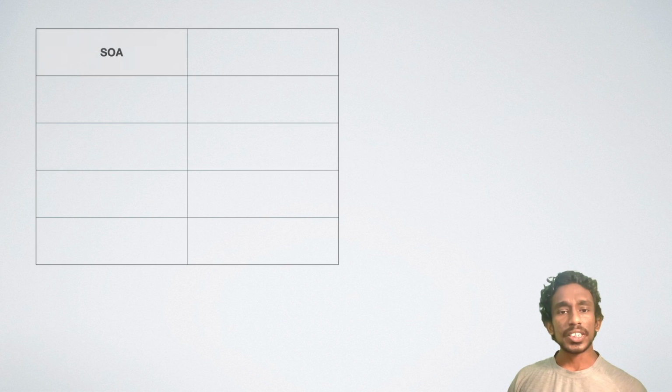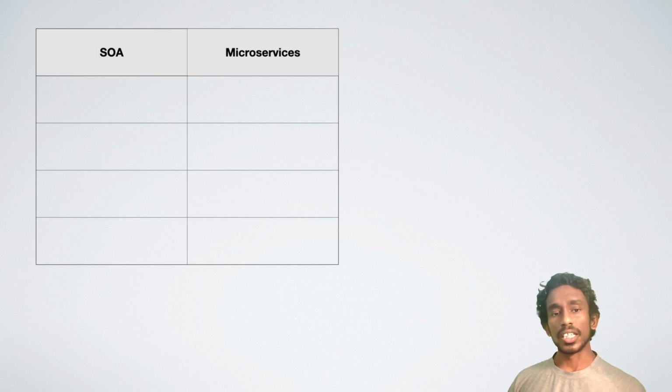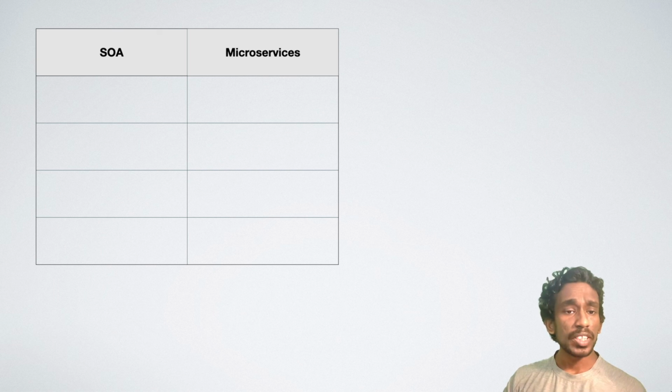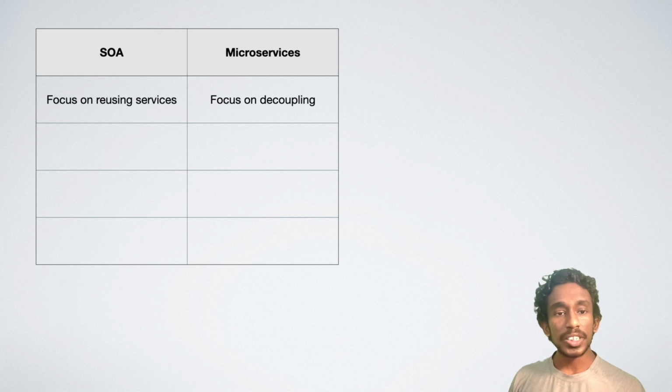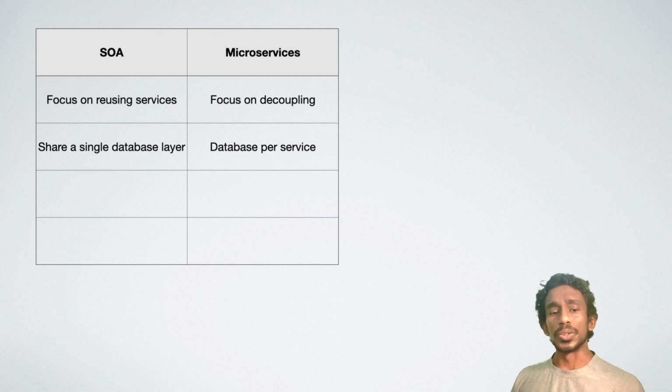There are many differences between service-oriented architecture and microservices architecture. Service-oriented architecture services are made with reusing services in mind, but microservices are more focused on decoupling services and working as independent components. This behavior also leads service-oriented architecture to have a single shared database layer.